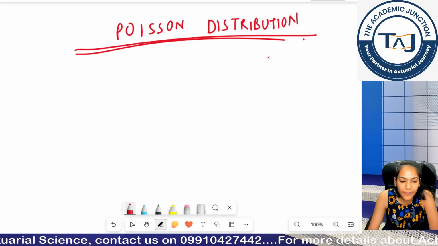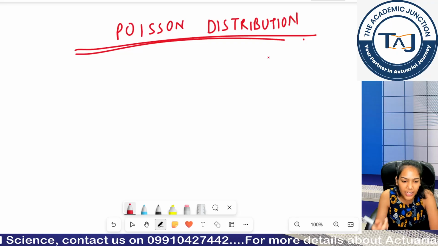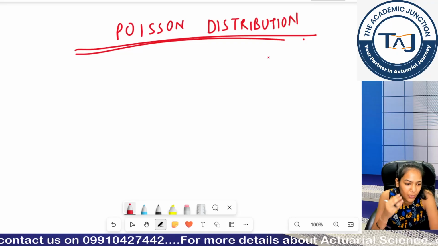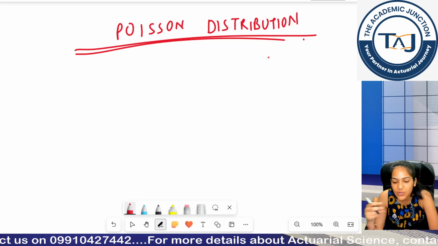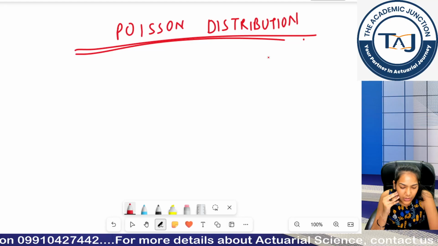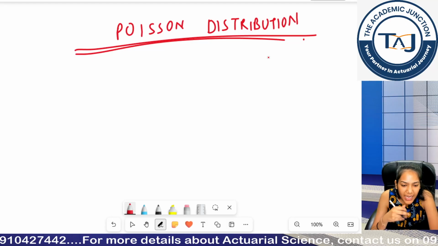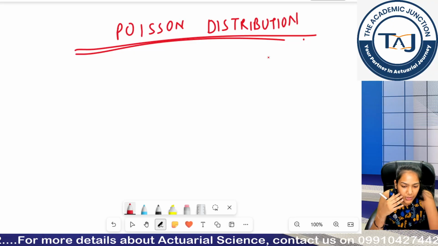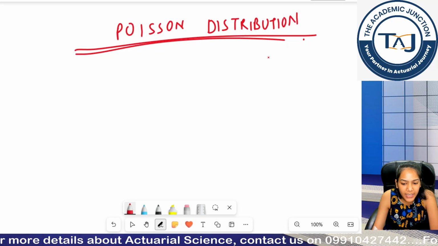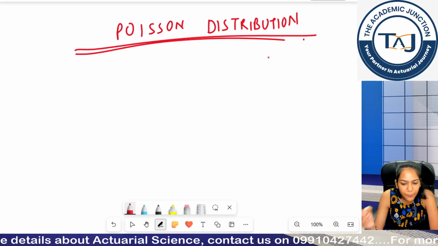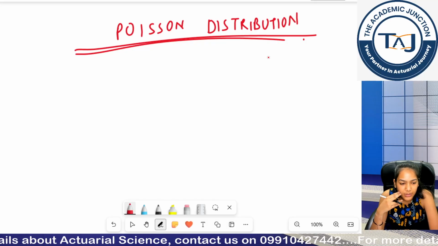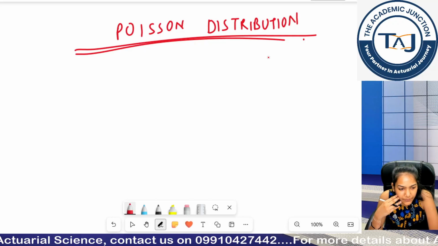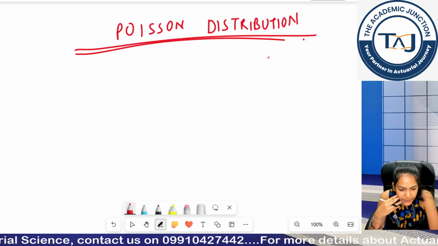Now I have to find the probability that in a further match, it will score 4 goals, 5 goals or x number of goals. In that case, I use the Poisson distribution. Or I say my machinery on an average fails 2 times a year. So find the probability that it will fail 3 times a year, or 4 times a year, or 1 time a year, or it will not fail at all. Clear?